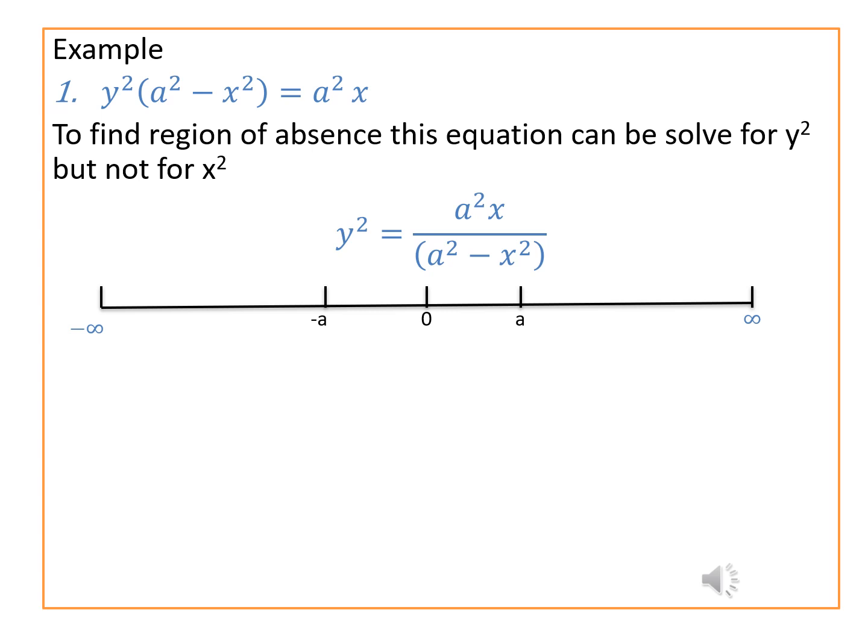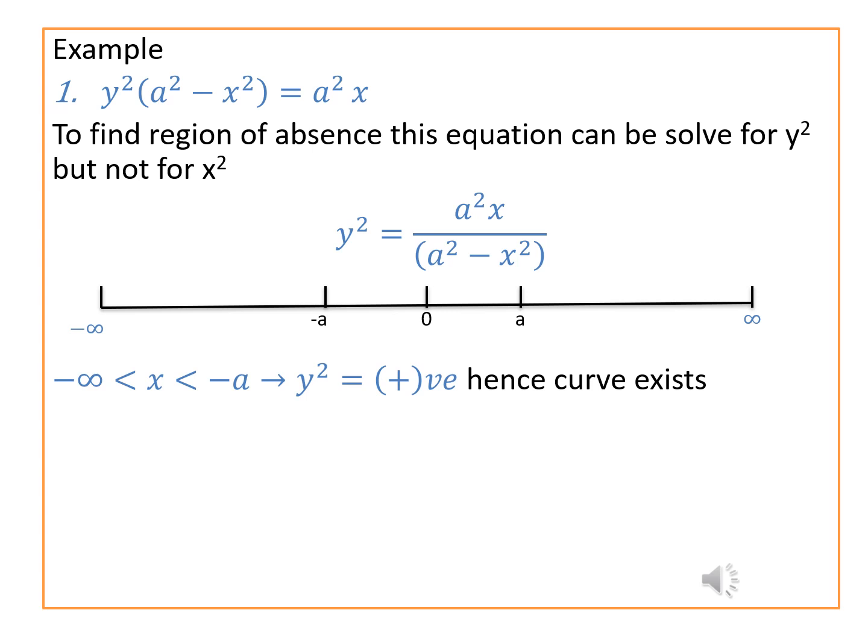If it is positive, then the curve will exist. If it is negative, then the curve will not exist in that particular part. Okay, so the first part is minus infinity to minus a. Written mathematically, it is minus infinity less than x less than minus a. That means x is negative, but it is strictly less than minus a.